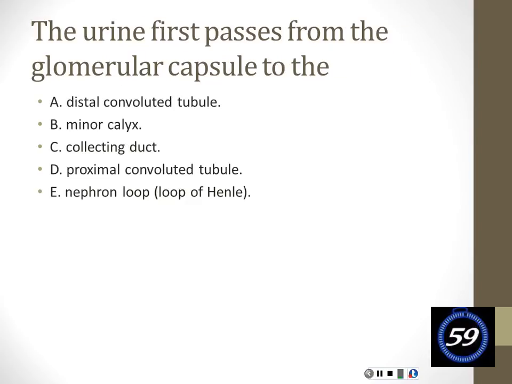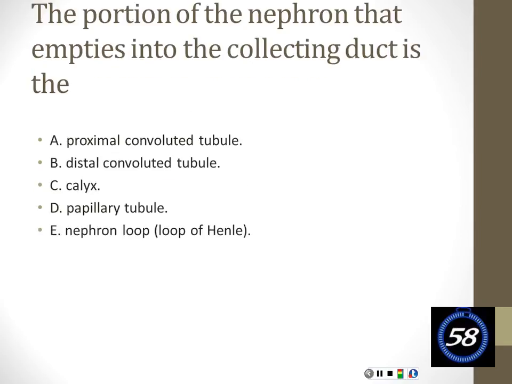Okay. So urine, or what will become urine, first passes from the glomerular capsule. So first it enters the capsule. Then what comes next? Yes, the proximal convoluted tubule. Yep. And the end of the nephron, the portion of the nephron that empties into the collecting ducts or system is the distal convoluted tubule.